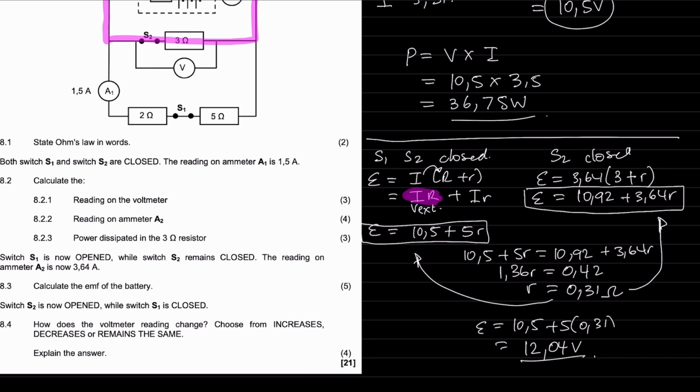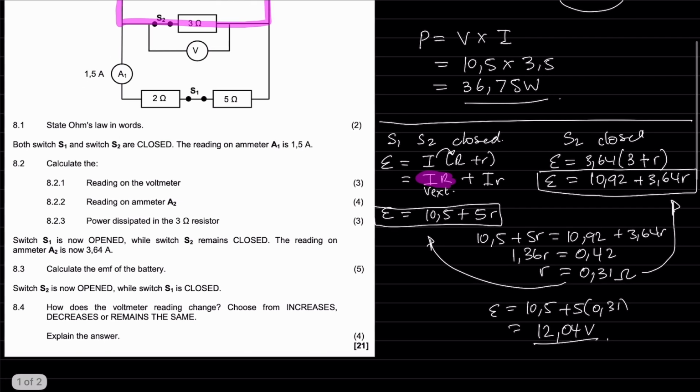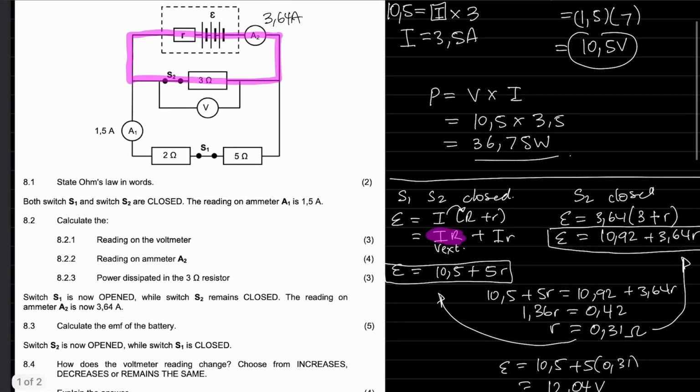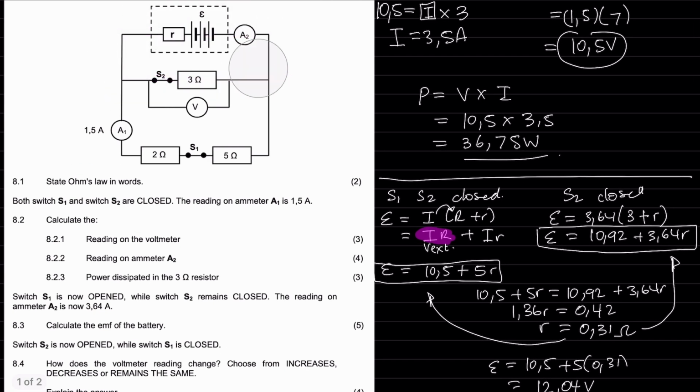All right, now let's move on to the last question, which says switch S2 is now opened while S1 is closed. Let's look at how that affects our circuit. So S2 is opened and S1 is closed. So my circuit then is only this right here.